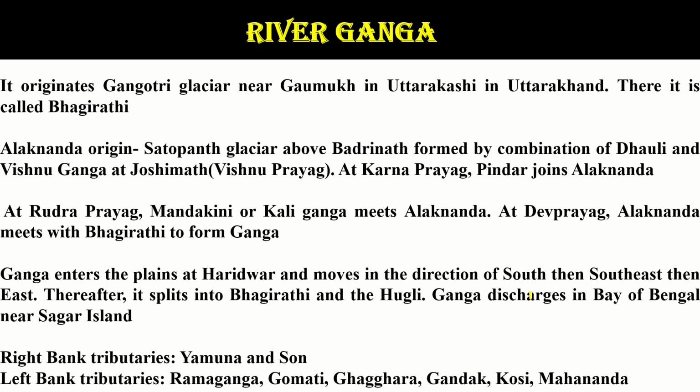Where is it originating? It is originating in the Gangotri glaciers near Gomukh near Uttarkashi in Uttarakhand. There it is called Bhagirathi. Please know the names of each of these rivers. Each of these particular names are to be kept in mind.